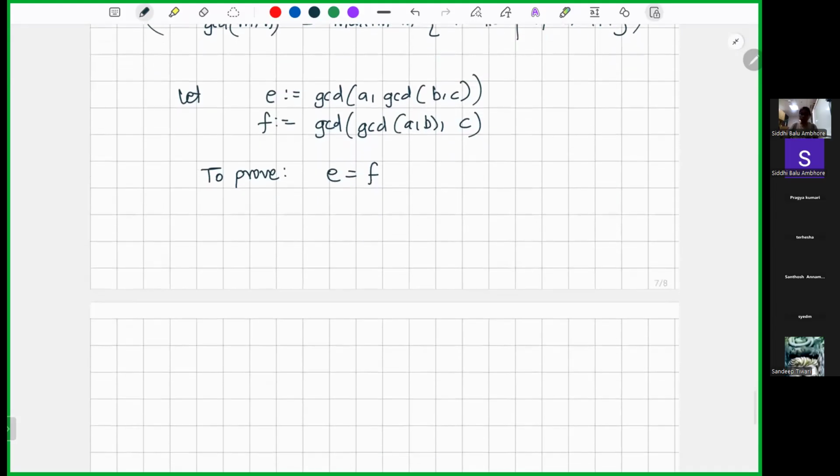So what do we need? Since E is the GCD of A comma GCD of B and C, this implies E divides A and E divides GCD of B comma C, right?